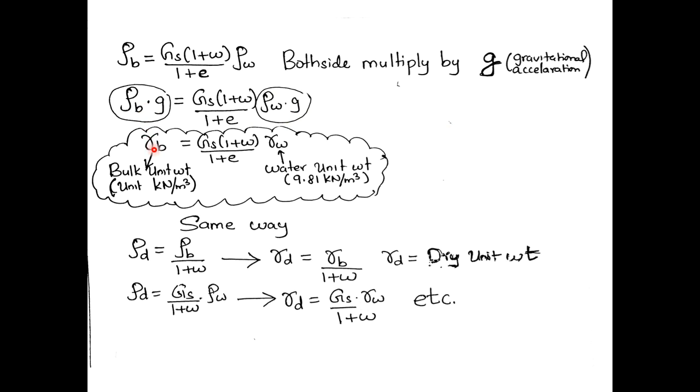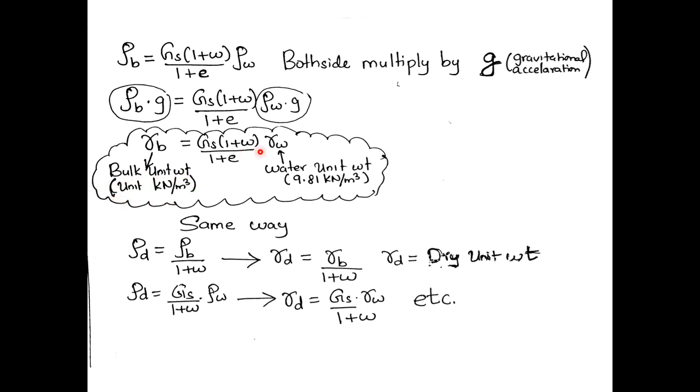This is gamma B, and this is gamma W. Therefore the equation changes to gamma B is equal to Gs into 1 plus W into gamma W over 1 plus e. This is the bulk unit weight, generally in kilonewton per meter cube.